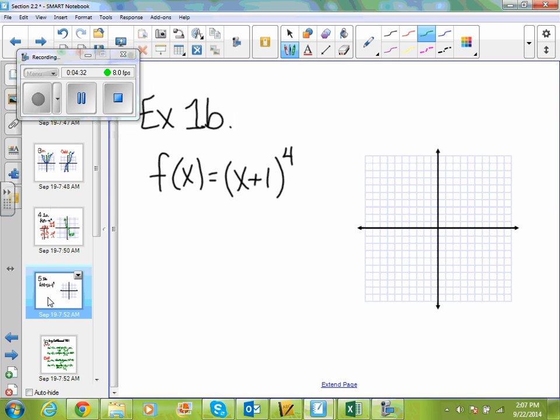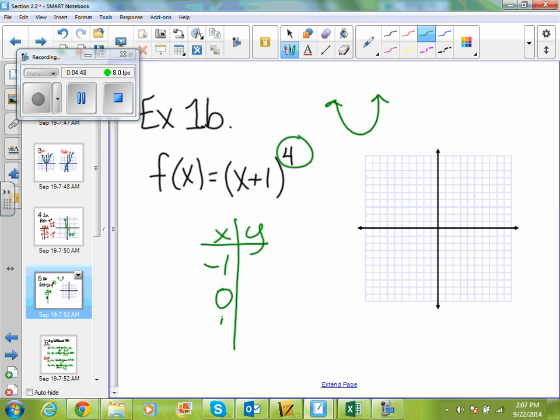If we do the same thing for x plus 1 to the 4th power, we know that even exponents have U-shaped graphs. So we know it's going to look very similar to our parabola. If I draw a couple of points, I get negative 1, 0, and 1.